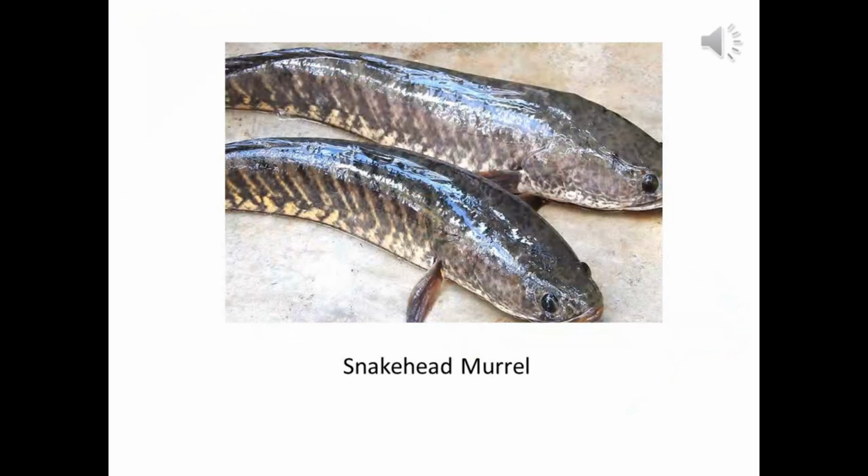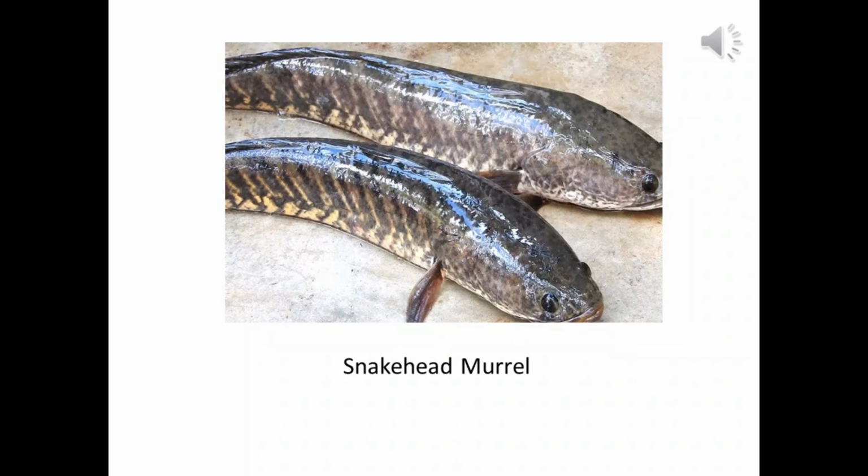The last fish to discuss is the snakehead mural, Channa striata. The striped snakehead is a species of snakehead fish. It is also known as the common snakehead, chevron snakehead, or snakehead mural, and generally referred to simply as mudfish.